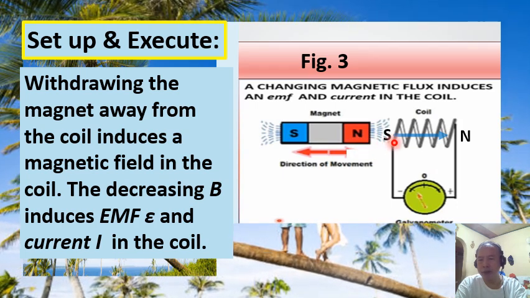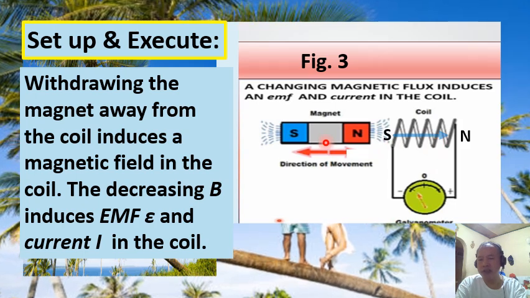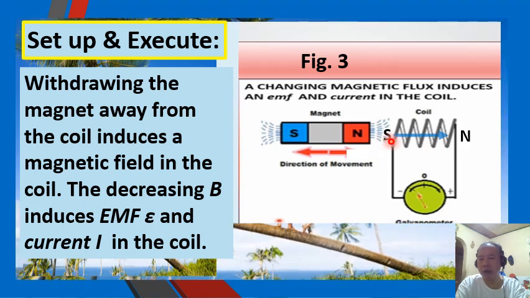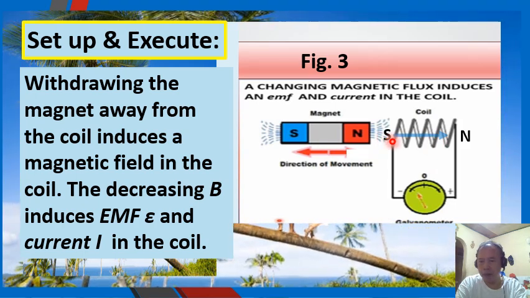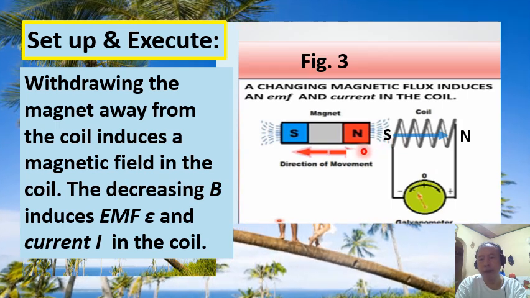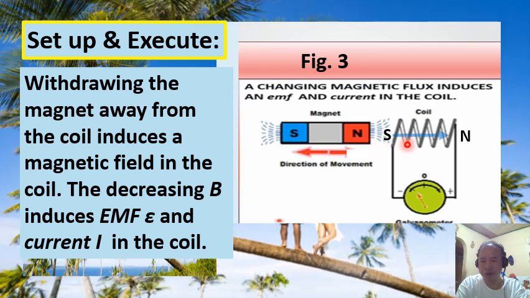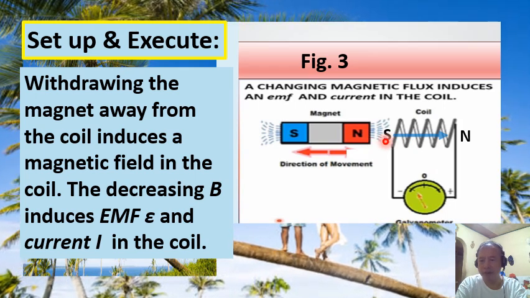That is the reason why the end of the coil that is facing the bar magnet becomes a south pole. Between a south pole of the coil and the north pole of the magnet, we have what we call an attractive force. That's magnetic force.